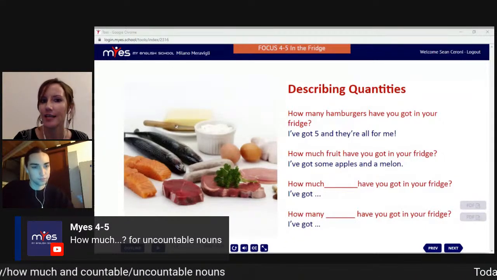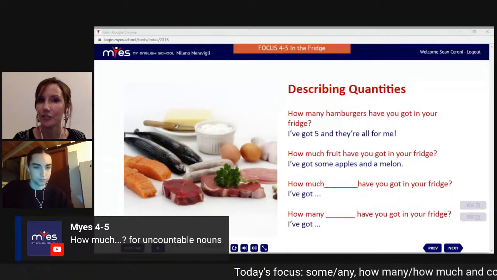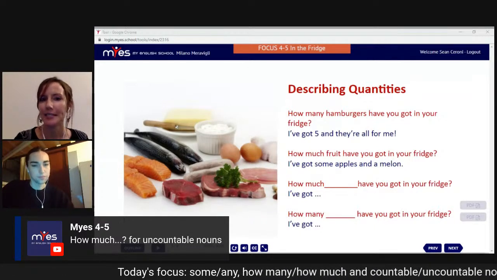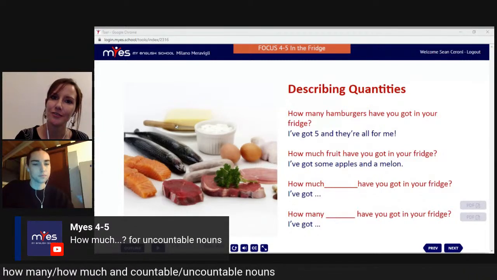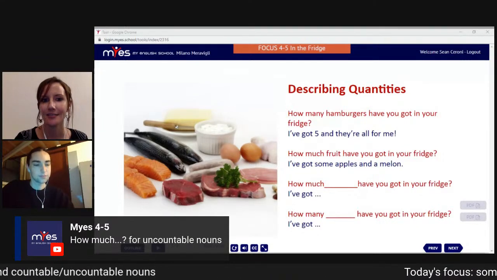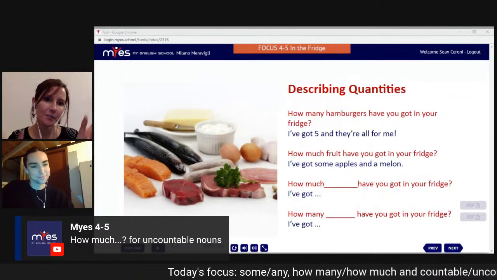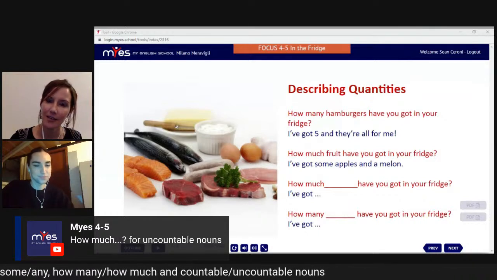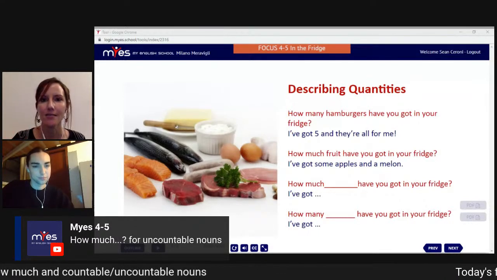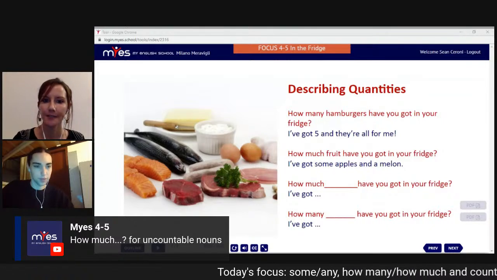So you can say, how much wine do you have in your fridge? How much butter? How much water? How much juice? All these things because they're uncountable. It's an important difference. How much for uncountable. How many for countable.